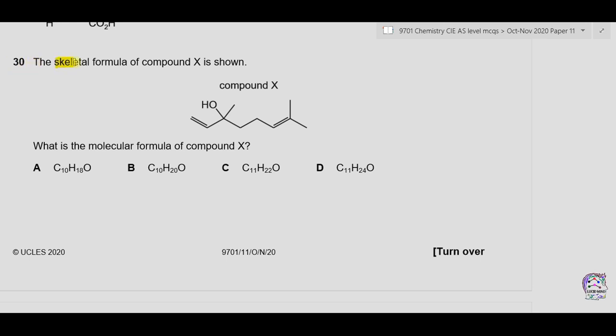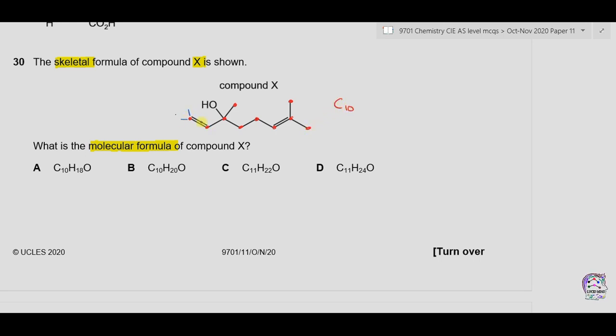Question 30. The skeletal formula of compound X is shown. What is the molecular formula of compound X? Let's find the number of carbons. We have 1, 2, 3, 4, 5, 6, 7, 8, 9, 10 carbon atoms. Now let's draw the number of hydrogens.